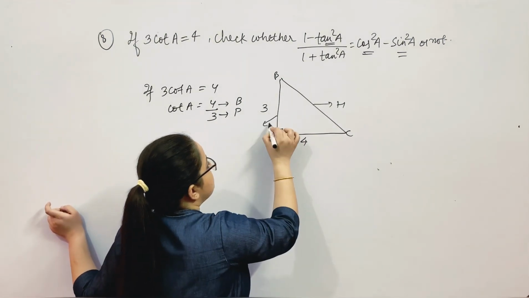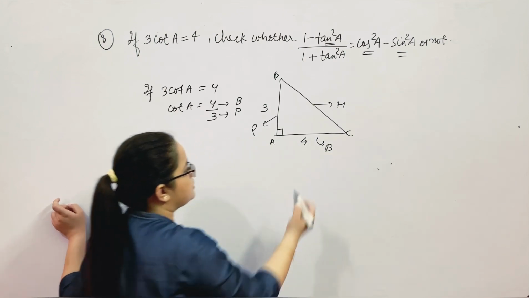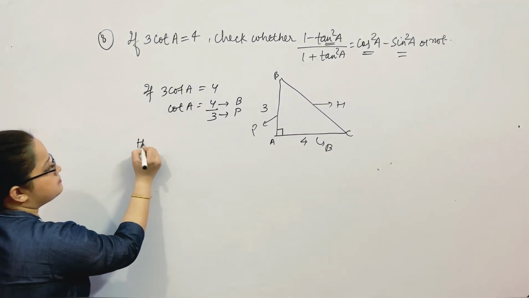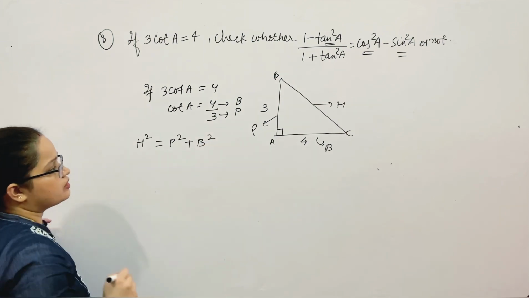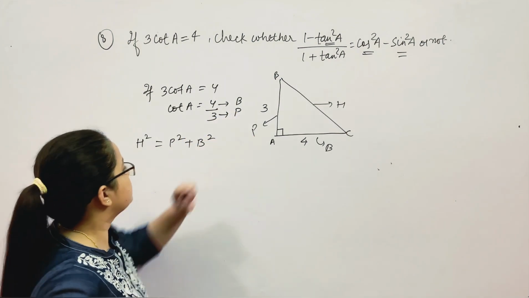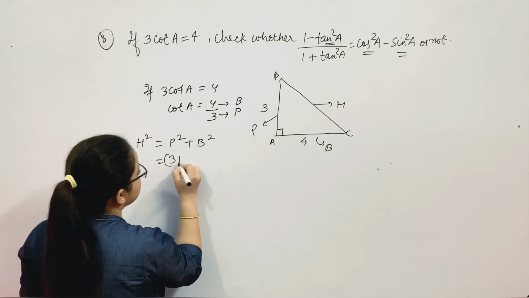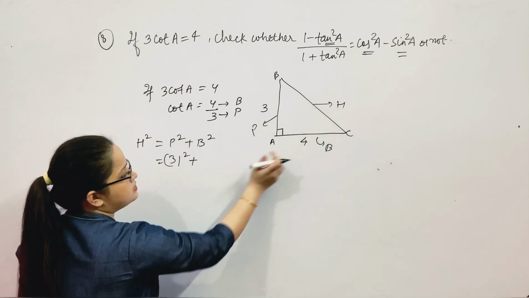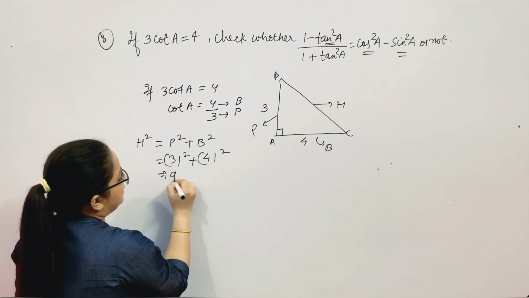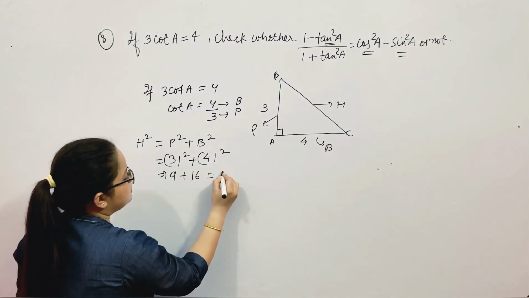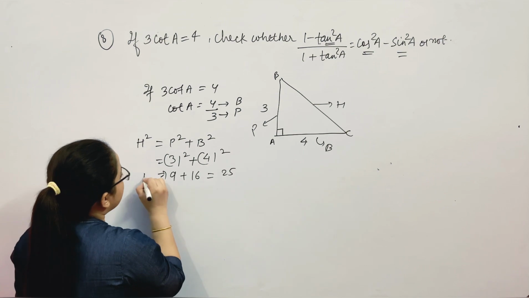This is hypotenuse, this is perpendicular, and this is base. So Pythagoras theorem says x square is equal to p square plus b square. Perpendicular is 3, that means 3 square. Base is 4, that means 4 square. 3 square is 9, 4 square is 16. It becomes 25.